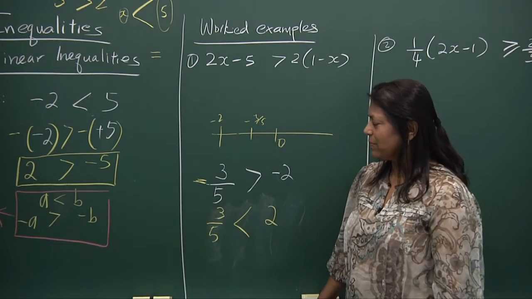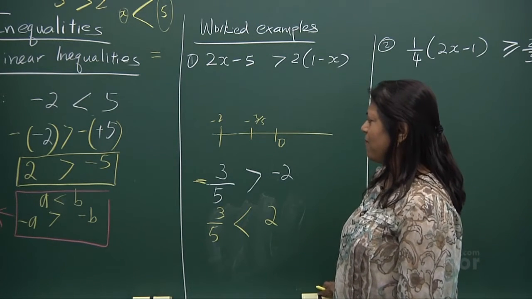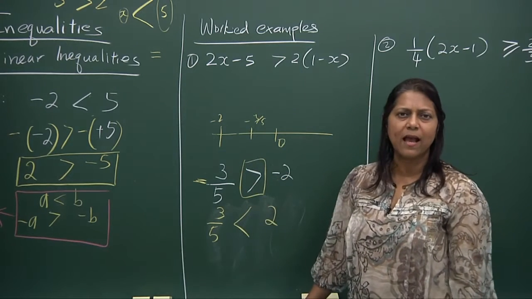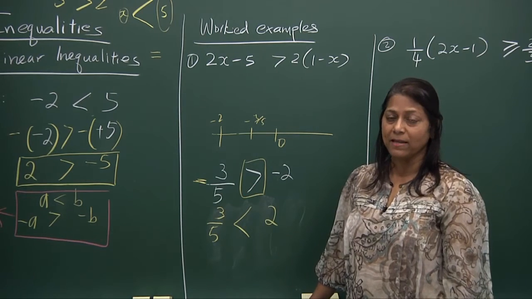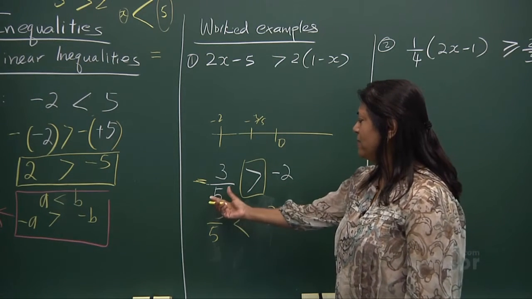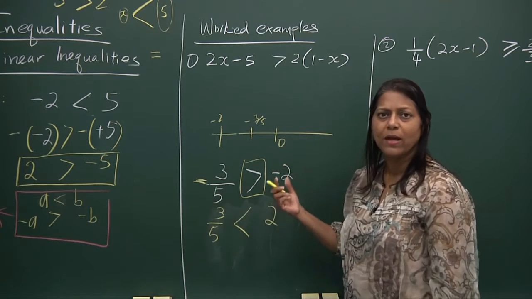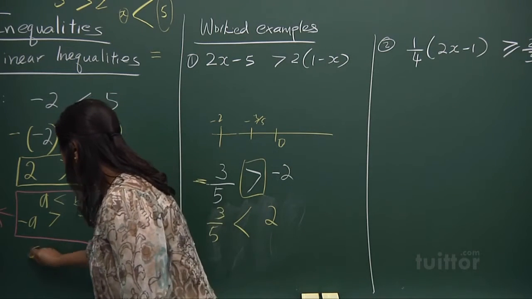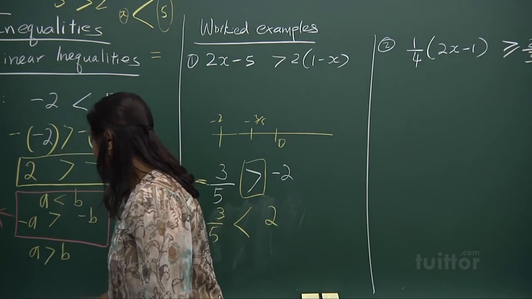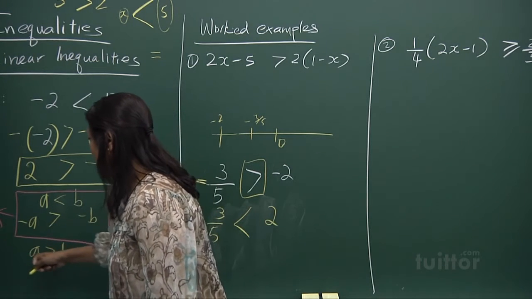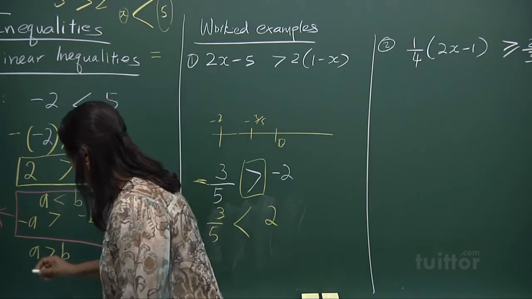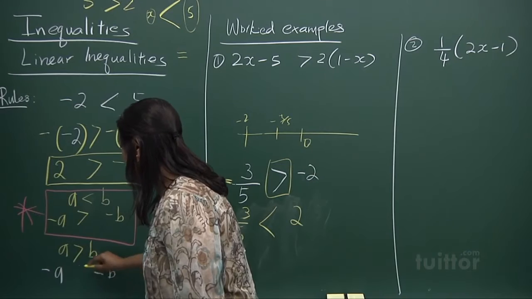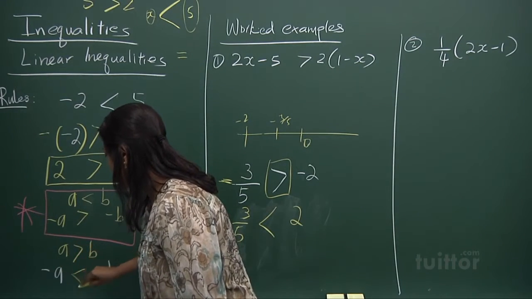Got it? Good. So what I'm saying is that the greater sign will change to a smaller sign when you multiply with a minus, or if you bring the divide of a minus number over, it becomes the change of sign. If I have A bigger than B, and I multiply both sides with minus, I have a minus A and a minus B. The sign from bigger will change to smaller.